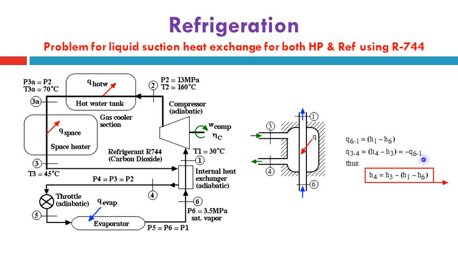The equality must hold with respect to the sign convention of the thermodynamic processes, taking into consideration that H4 will equal H3 minus (H1 minus H6). That gives us the equality and the status of all the states, points 1, 6, 3 and 4.